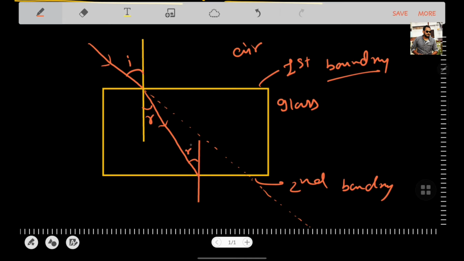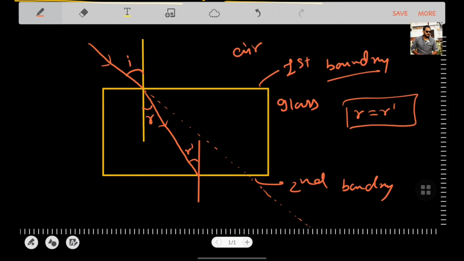Let me call it r dash, which is equal to r. Why? Just because this normal and this normal both are at 90 degrees with respect to the parallel sides of the glass slab. Clear? So r will be equal to r dash here. Also we can say it is an alternate angle, easily we can do that.